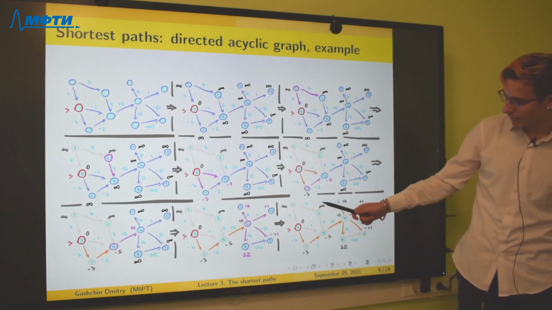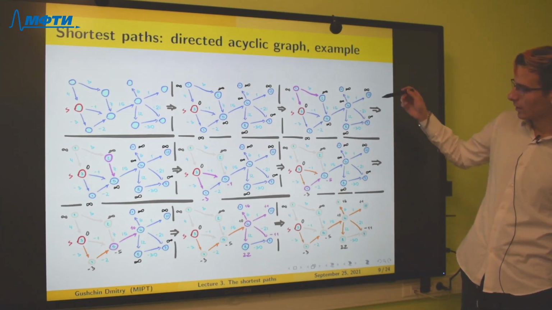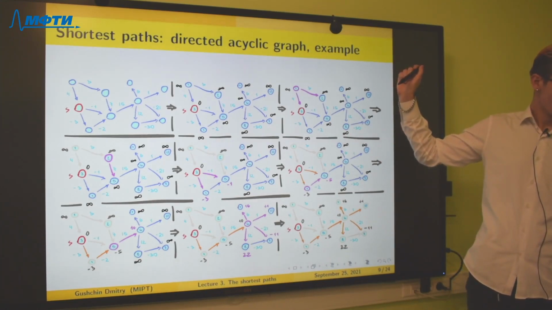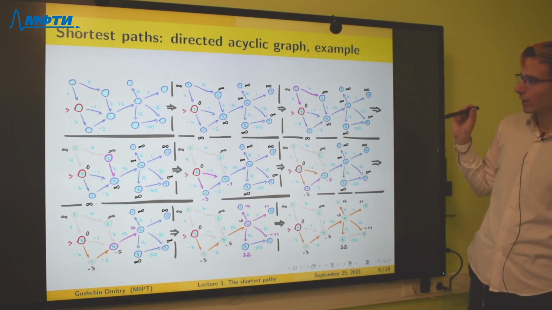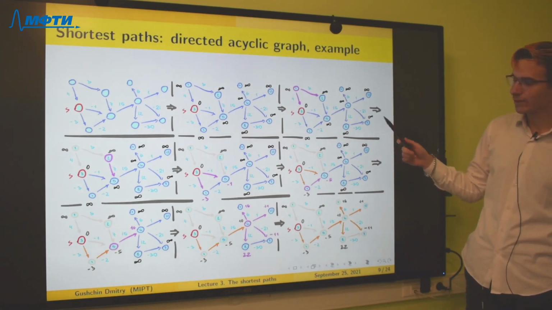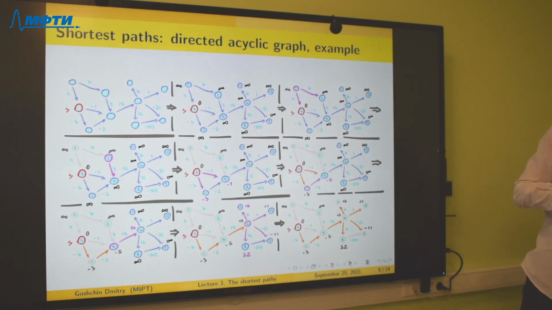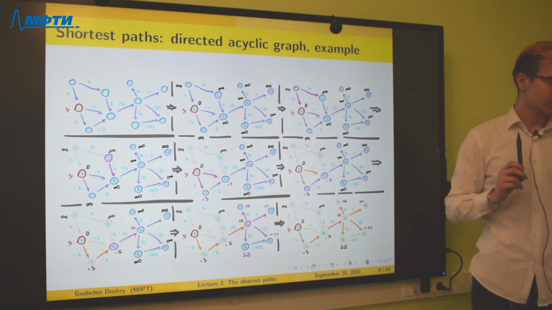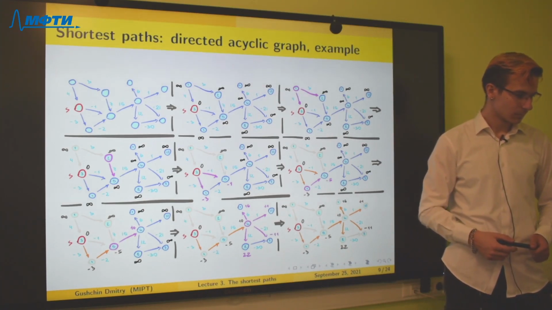You can see that each vertex has its own number and it is constant. But we change the distance between the vertex and the source. Yes, I mean the distance. We can change the distance after we relax an edge. Yes. Thank you.